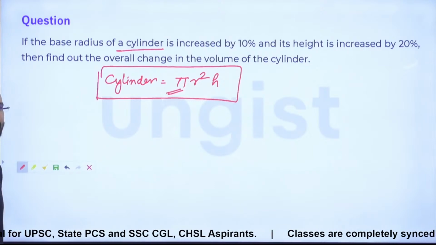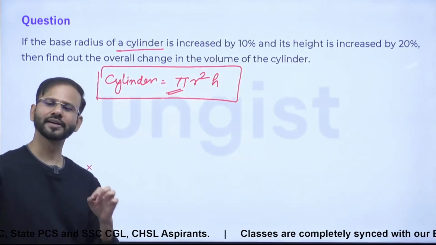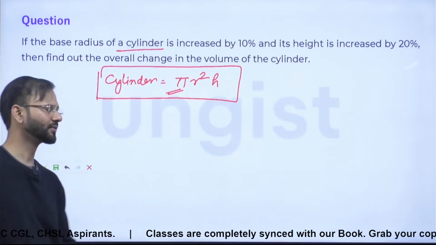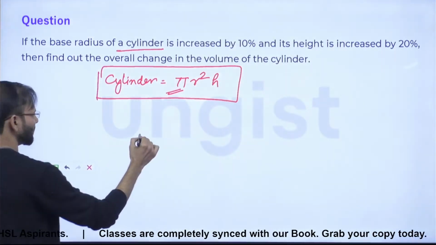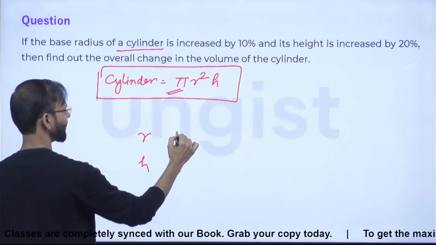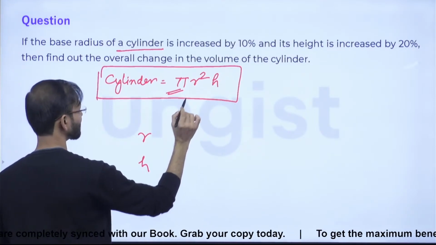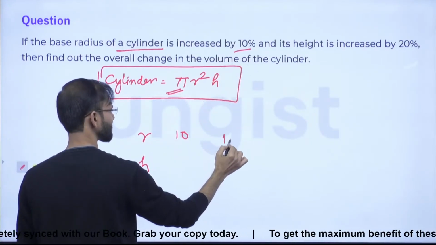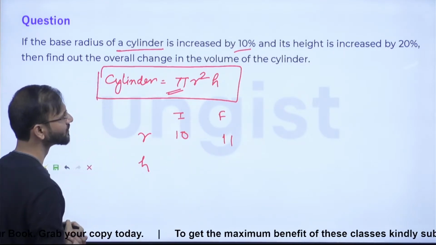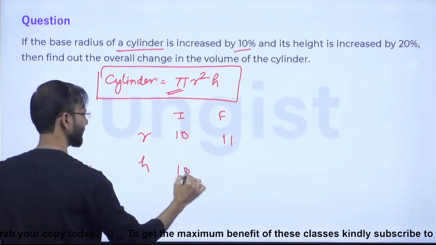So if volume is changed, it is changed due to the change in the radius or the height or both of them, right? So r and h, initially we have assumed as 10. 10 is increased by 10%, becomes 11. And height is increased by 20%, so 10 becomes 12.